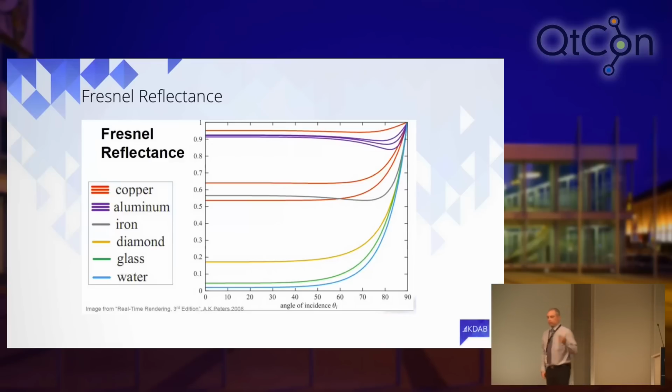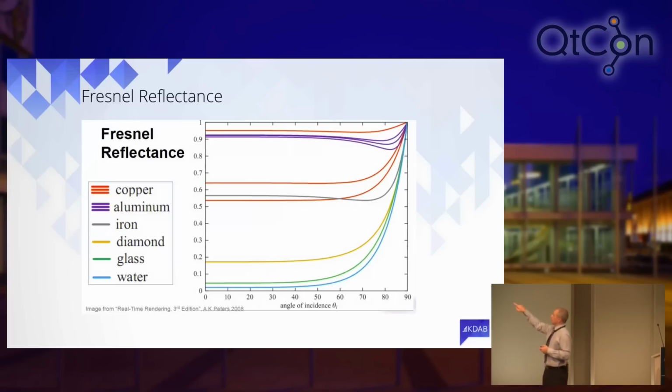So the Fresnel reflectance says how much surface reflection we get versus how much light penetrates into the body itself. And in this diagram, you can see the values for different types of material. So down at the bottom there, we've got water. It starts off with a very, very low reflectance when the light is shining straight down on it, and it rapidly increases up towards 1 as you get towards a grazing angle. And the other materials behave the same.